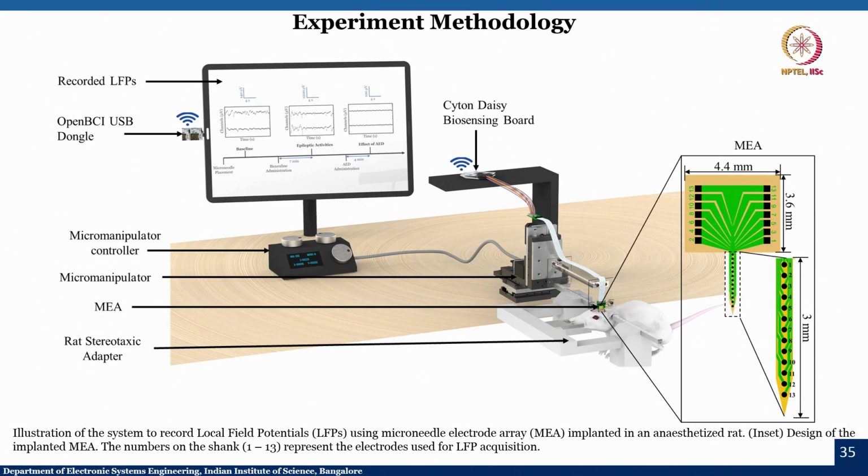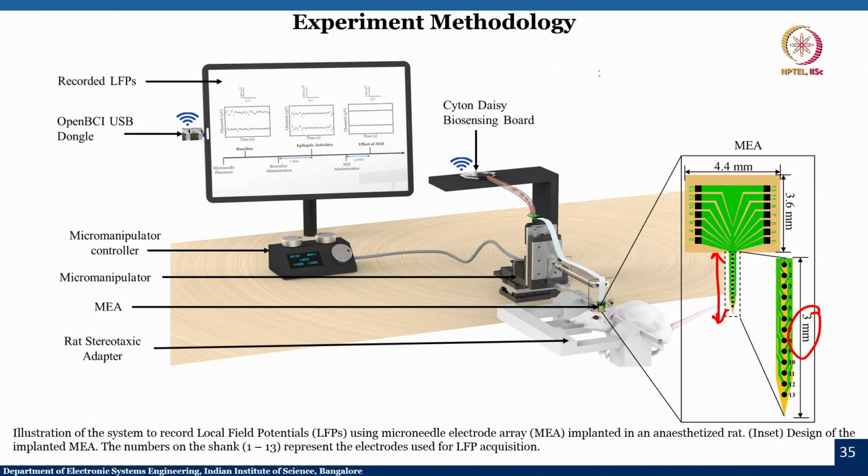We require 1 electrode for ground and the remaining electrodes, so with respect to that electrode we are going to measure the signals, right. So, 1 extra electrode is there, and now the size of this needle, the depth that it can go, is 3 millimeter. You can see the depth from here. Now, why 3 millimeter?